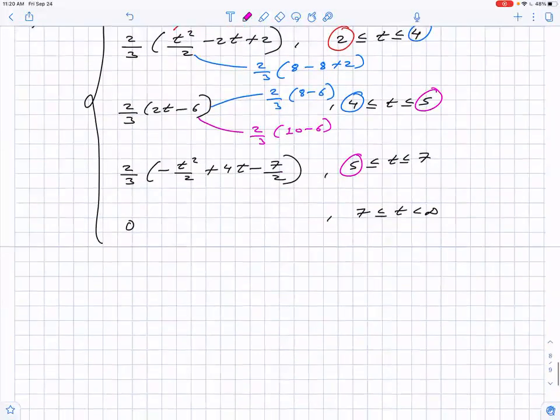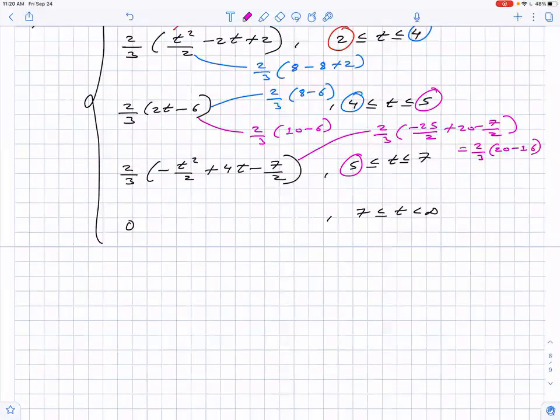Using the fourth expression, we get 2 by 3, negative 25 over 2 plus 20 minus 7 by 2, which is 20 minus 16. We got the same thing for 5 also.